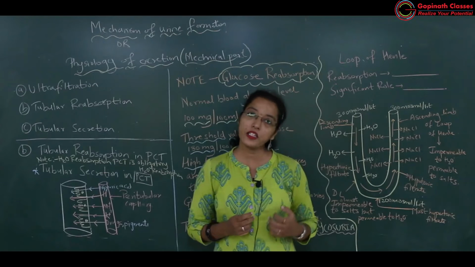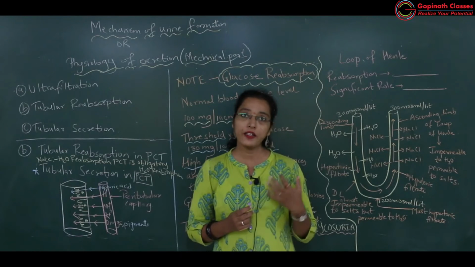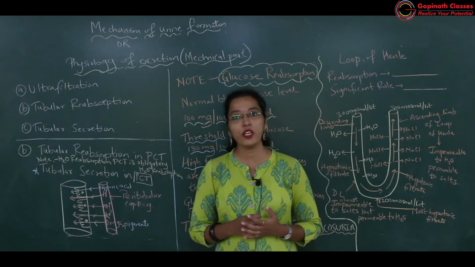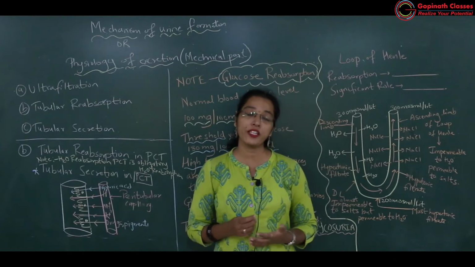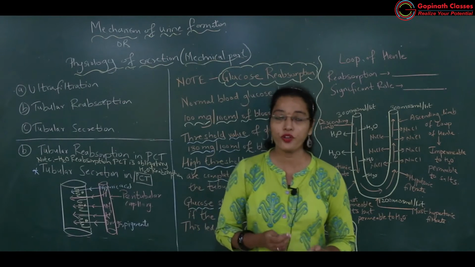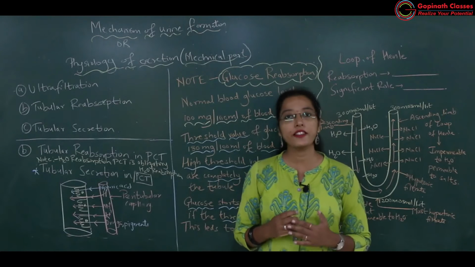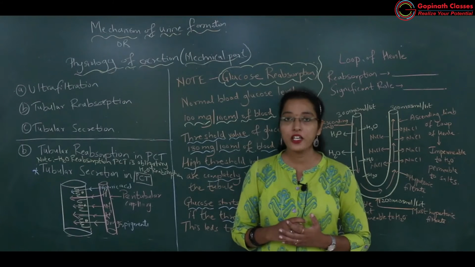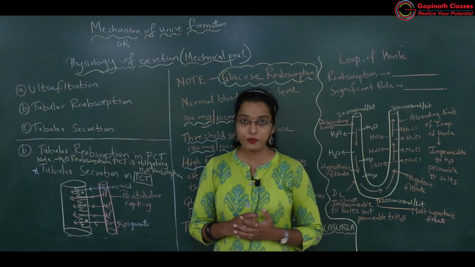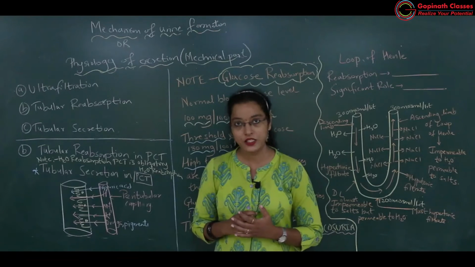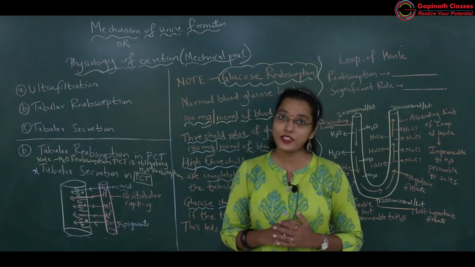So that's why they are reabsorbed, and for reabsorption ATP molecule is involved. So many ATP molecules will be needed for reabsorption of these high threshold substances. Okay, so that's why such type of reabsorption will be active type. So by the active transportation method these high threshold substances are taken.